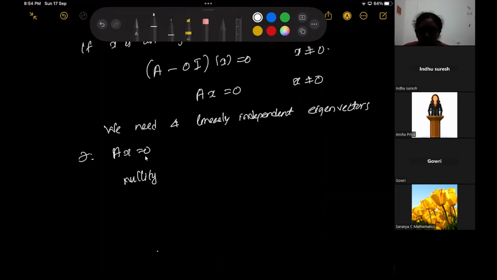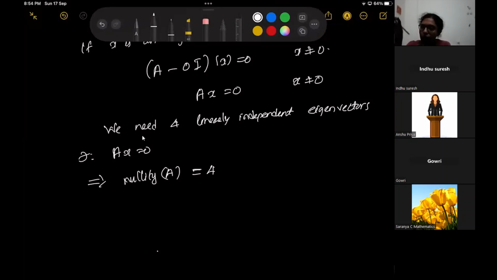A is a 4 by 4 matrix multiplied by a 4 by 1 column x.